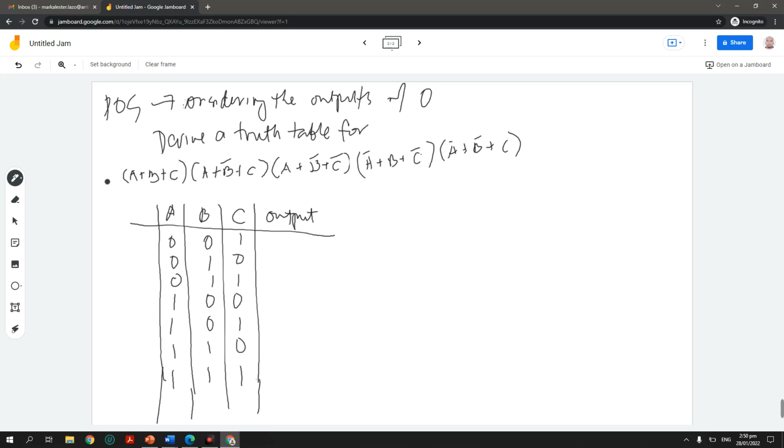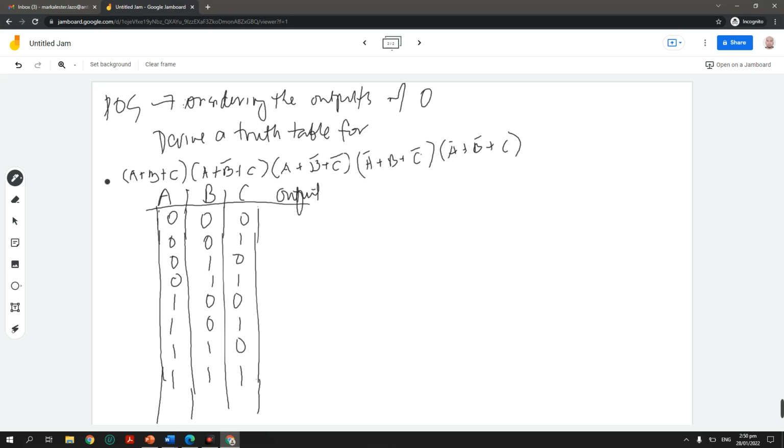So we have 1, 2, 3, 4, 5, 6. Kulang, I forgot 0, 0, 0, the combination 0, 0, 0. This is A, B, C, and this one will be our output.